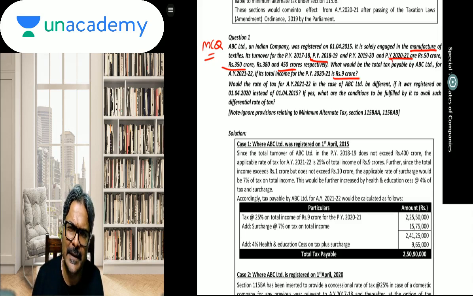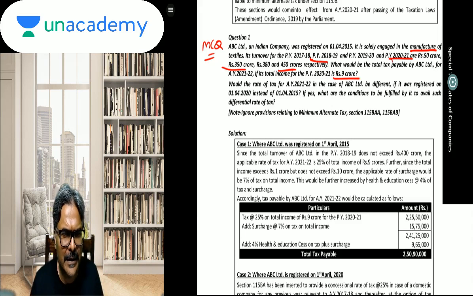Hence for previous year 2021 we can say that ABC Limited is an SME. 25% would be the normal rate of tax, and since total income has been mentioned, the surcharge would be at 7%.